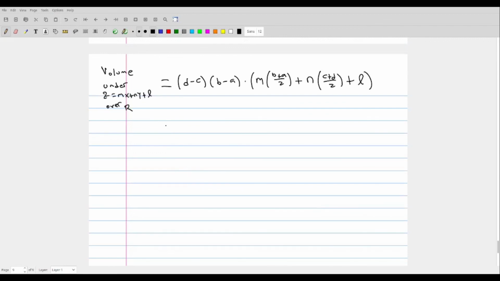And what this formula is telling us is a direct analog of the previous formula from 2D for a parallelogram, because it's telling us that this d minus c times b minus a is the area of the rectangular base multiplied by the height of this trapezoidal pyramid at the midpoint.